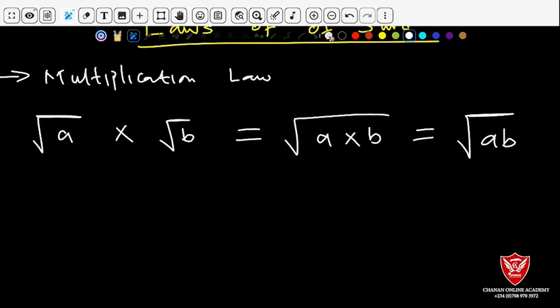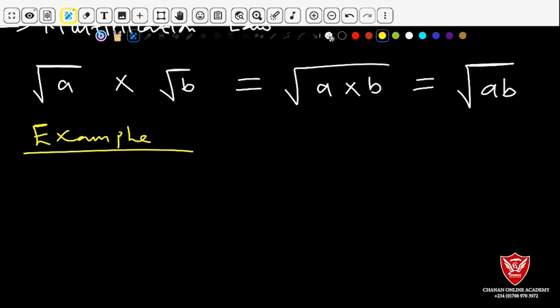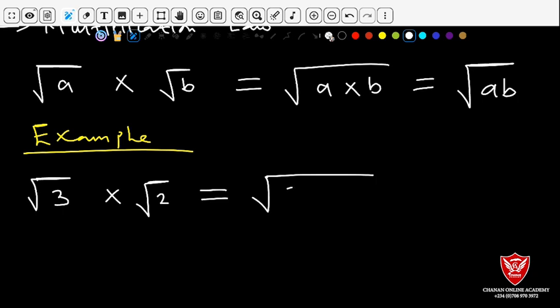Let's explain this with an example. If we have root 3 multiplied by the root of 2, it will be equal to the root of 3 multiplied by 2, which is equal to root 6.